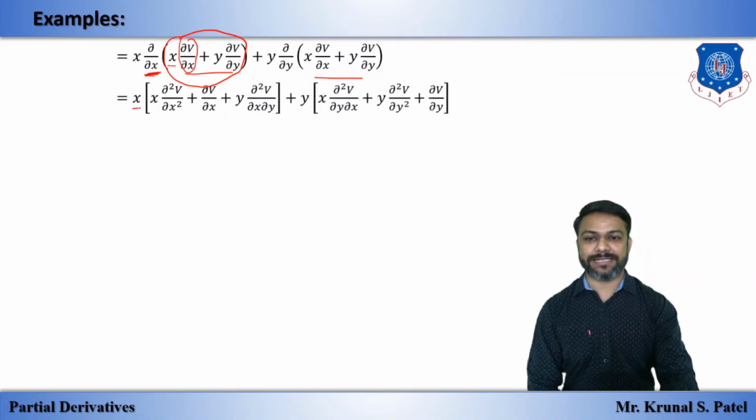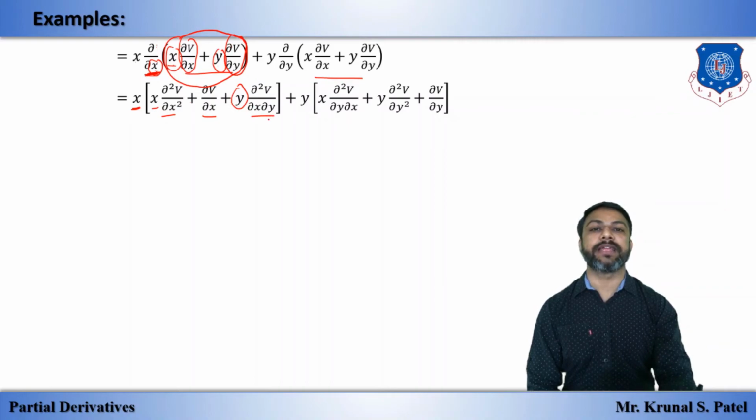So x as it is, and applying the product rule, x as it is, differentiation of del V by del x with respect to x is del square V by del x square, plus del V by del x as it is, and differentiation of x with respect to x is 1, plus this y is constant because we are differentiating with respect to x partially. So del by del x of del V by del y gives del square V by del x del y.